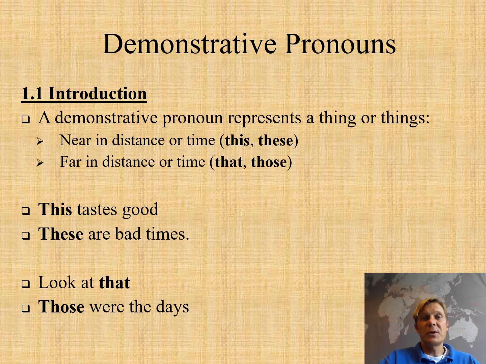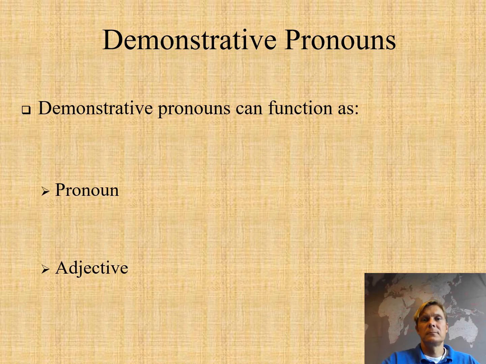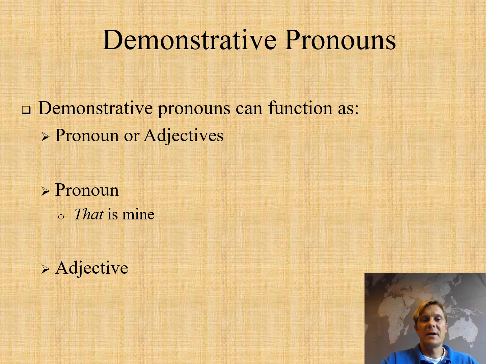So it's a really straightforward idea of a demonstrative pronoun that represents a thing or things either near or far away, in singular or in plural. Demonstrative pronouns can function either as pronouns or adjectives. As a pronoun: that is mine.